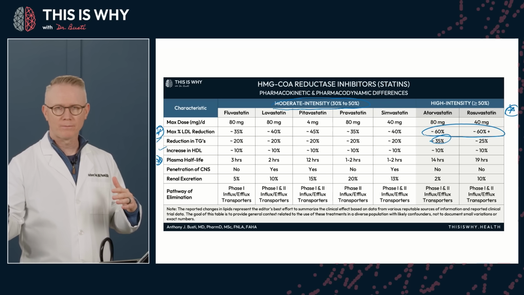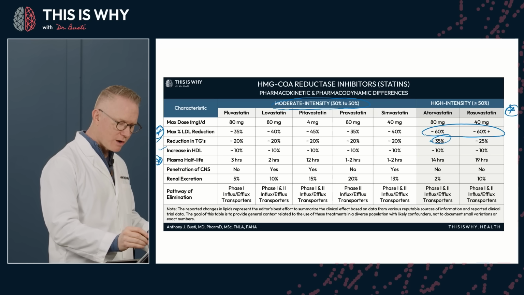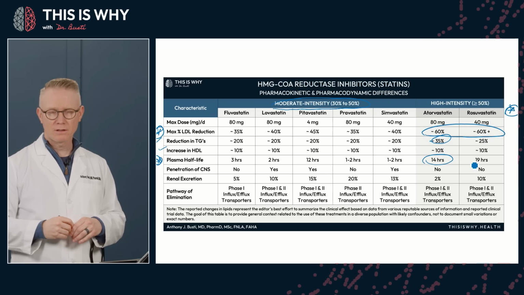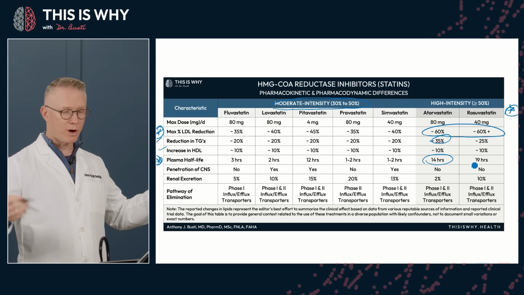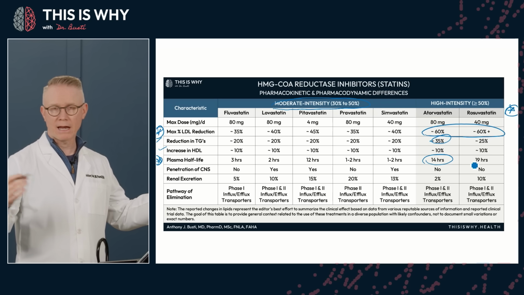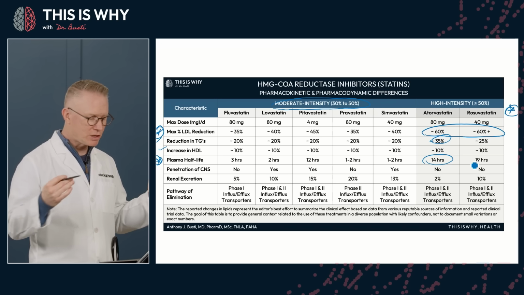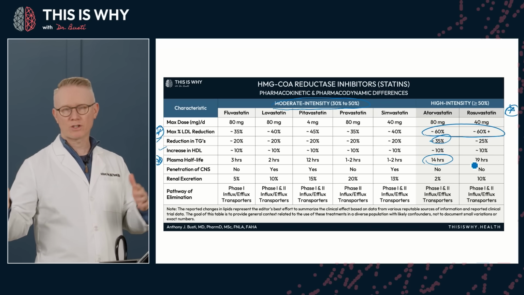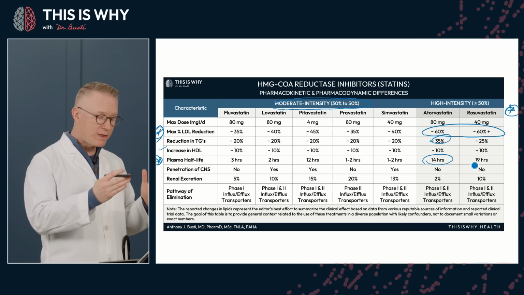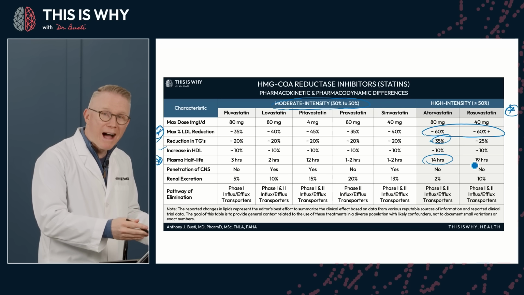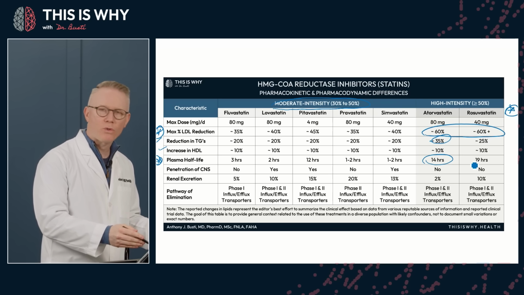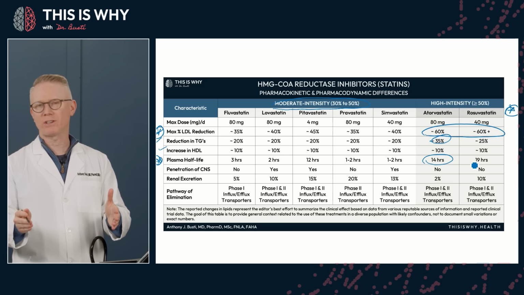Well, when you look over here at the high intensity or high potency statins, they have long half-lives. So long that you can take it in the morning, afternoon, at night, it doesn't matter. It's going to be present when it matters most, okay? So that pharmacokinetic, that's why it matters to know that, because it correlates to when a patient can take the medication.